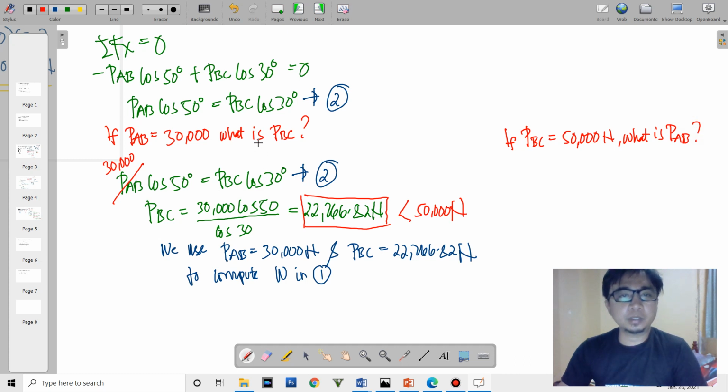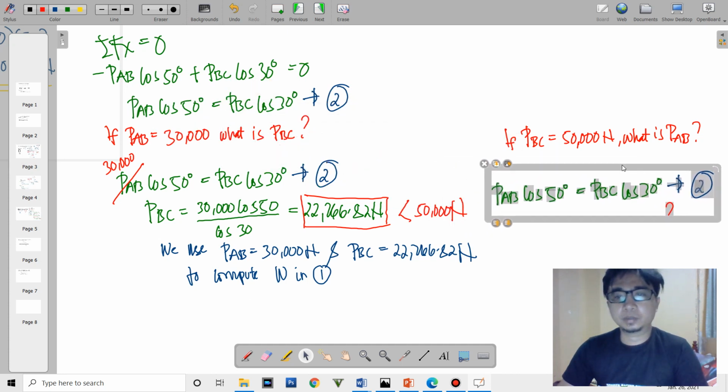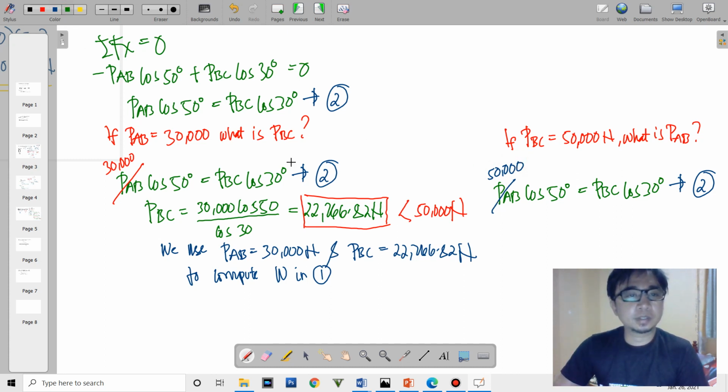So again, we are going to use equation 2. Just copy equation 2 here, and then substitute 50,000.